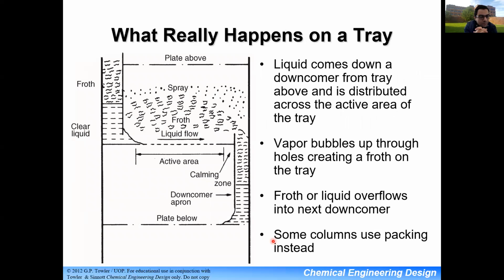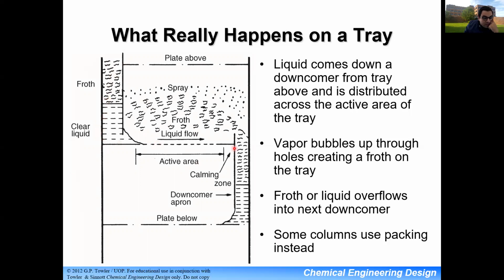If you think about it, your tray is a multi-phase system, right? You have gas, you have liquid, etc. So this is a good representation of it, where your liquid comes down a downcomer from a tray above and is distributed across the active area of a tray, right?